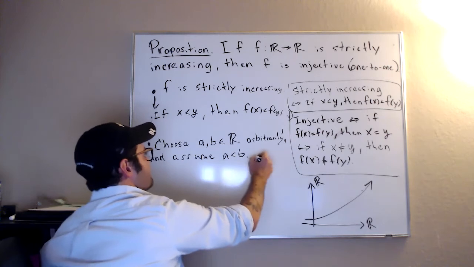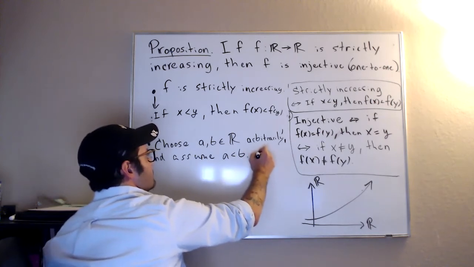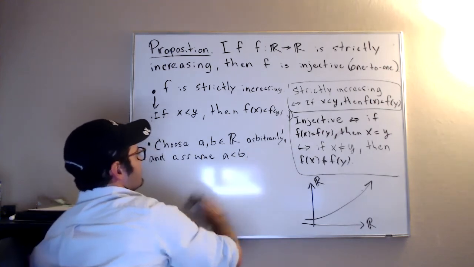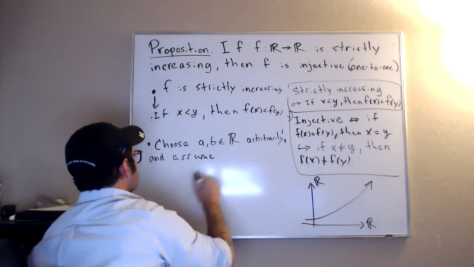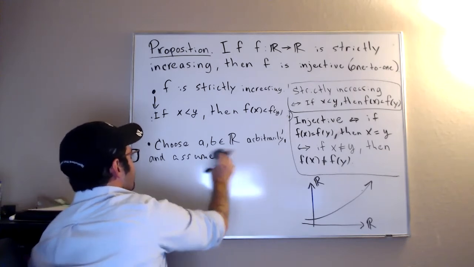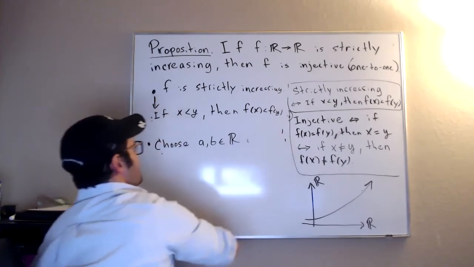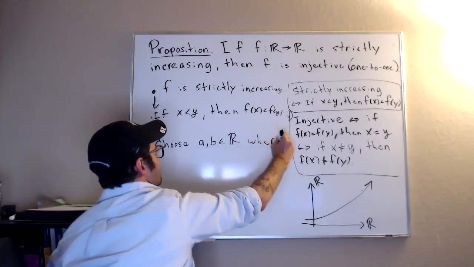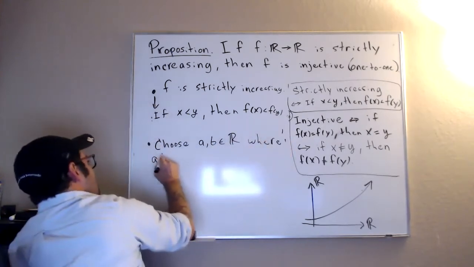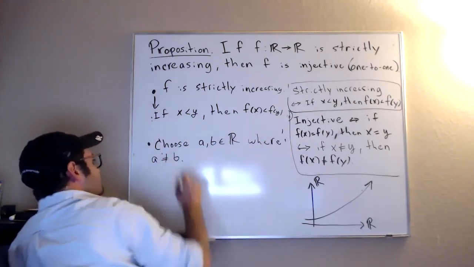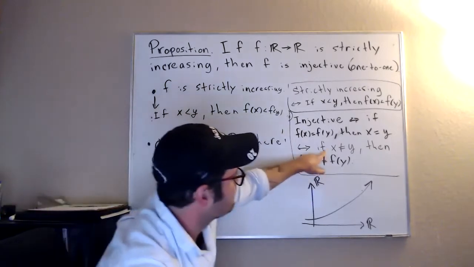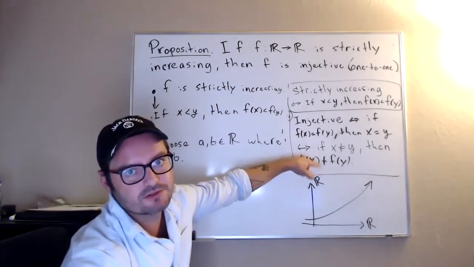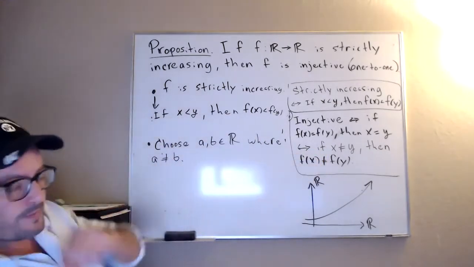So, and assume, maybe like this. Choose A and B in R where A is not equal to B. So we're going to see if we can make it satisfy this definition here of being injective.